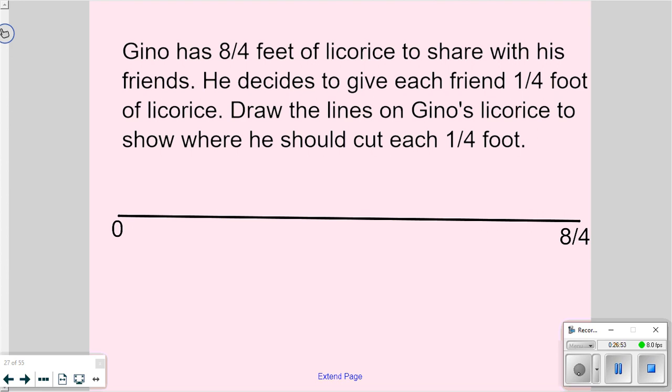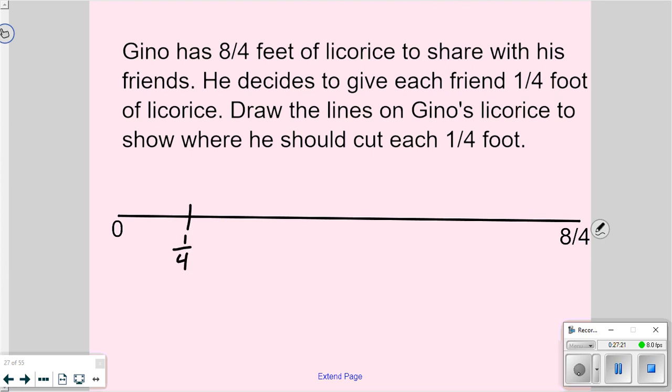Fourths. Why? Because the 8 is not a denominator. What is he doing in the problem? He's cutting it into what? 1/4, not 1/8 size pieces. He's cutting it into 1/4 size pieces. So here's friend 1.